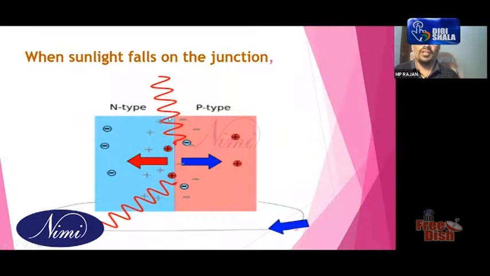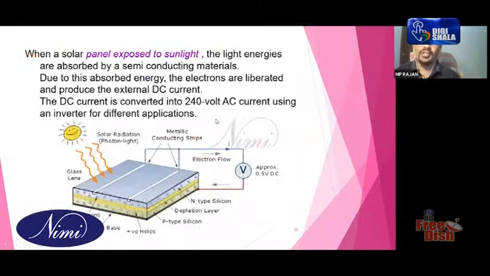Once again, the photons are utilized to break the neutral atoms. Electron-hole pairs are formed. Holes are attracted to the negative potential, negative field, and electrons are attracted the other way. So this is what is happening in the depletion layer.